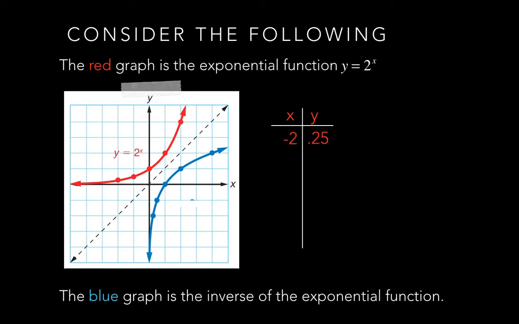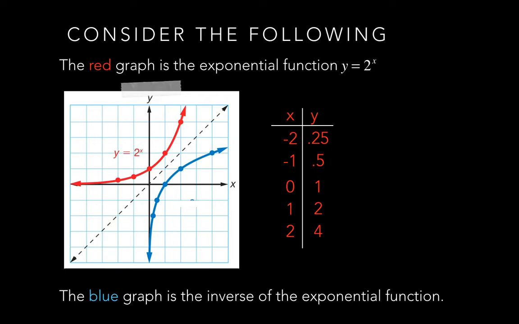At -2 for our exponential function, the red graph, it's 1/4 or 0.25. At -1, it's 1/2. At 0, the output's 1. At 1, it's 2. And at 2, the output is 4. You can check those. They're all plotted there on that graph.